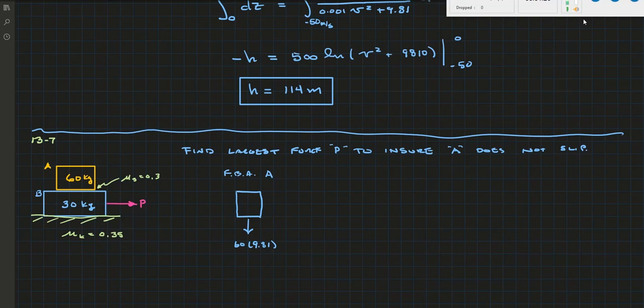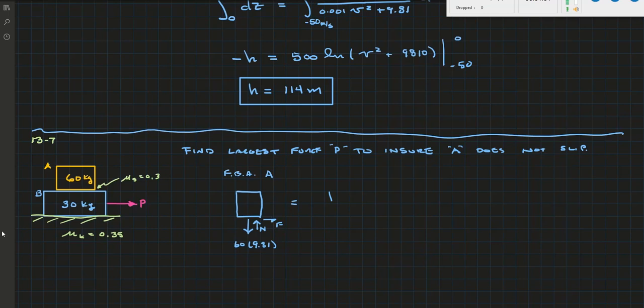We also have a normal pushing up, and friction. The way you rationalize the direction of your frictional force is, if the top block slides, then it's going to slide to the left relative to the right block. So friction is going to point to the right.